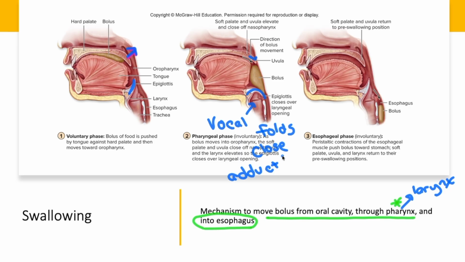Another important thing that happens that your book did not do a great job of illustrating is the movement of the entire larynx. So when you swallow, this whole set of structures, your larynx, that you would have learned in the respiratory system, like your epiglottis and your thyroid cartilage, is attached to a bunch of muscles. You can see a little bit of them right here in the floor of the oral cavity, but there are others as well that aren't really illustrated in this sagittal section.